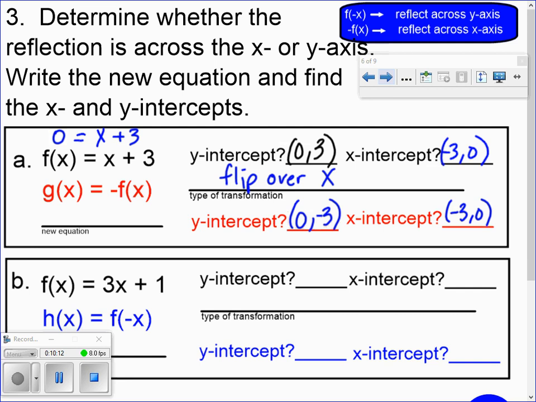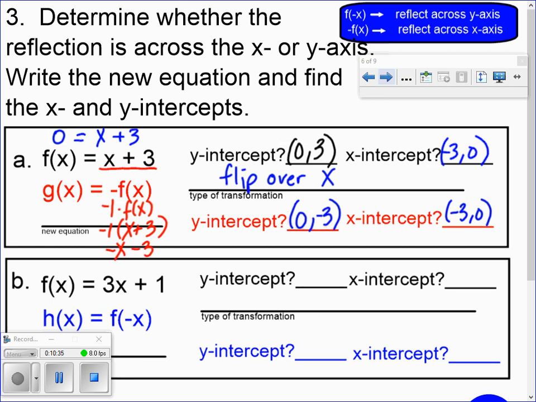So this is really saying negative 1 times f of x. Take whatever f of x was. In this case, f of x was x plus 3, and multiply it by negative 1. And so when we do that, what we end up with is negative x minus 3.